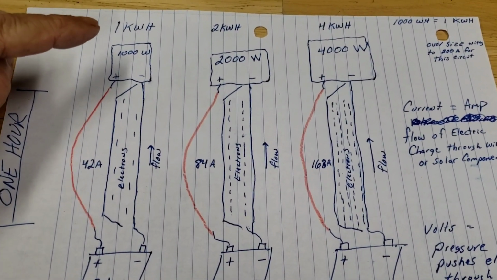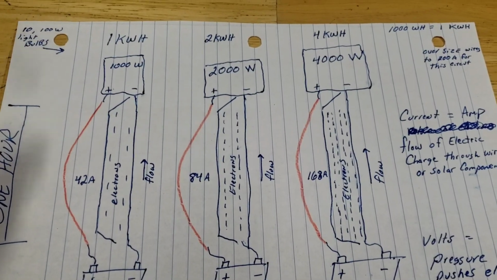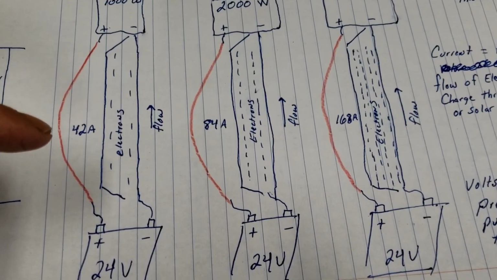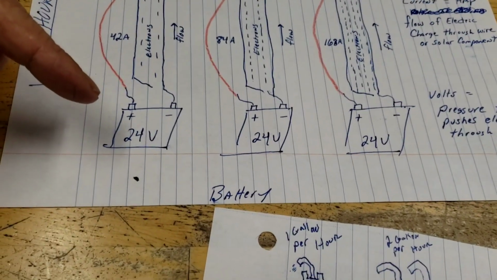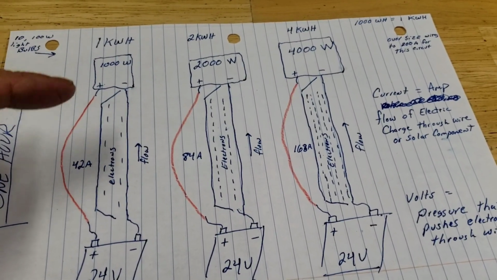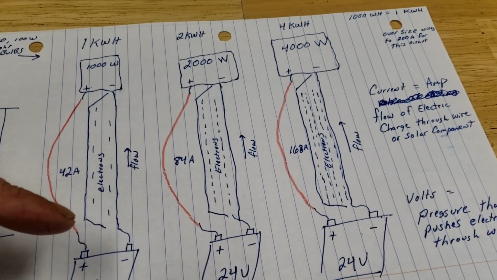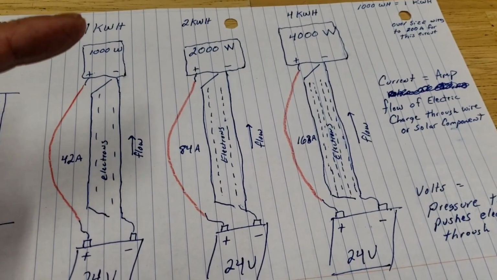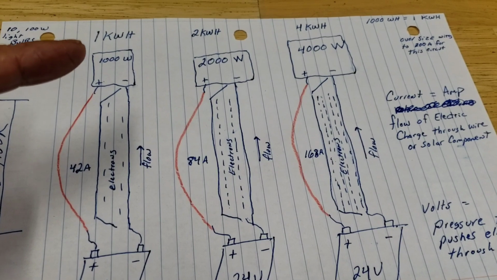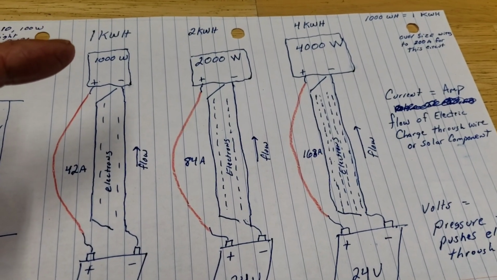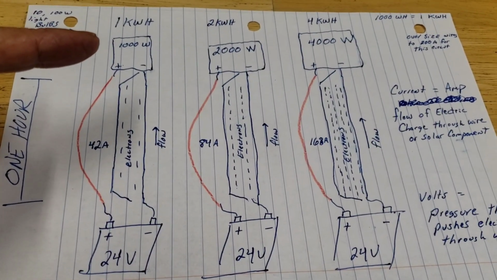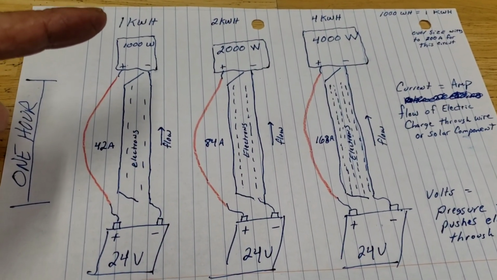If I turn this on for 1 hour and it runs, the math says, and we'll get to that, 42 amps is what it's going to be, because we have our supply voltage and we have how much we're going to use, and we just do some division and it gives us 42, and that's our current. That's how many amps we need to run 1,000 watts for 1 hour. And that's the equivalent of 1,000 watt hours, and then divided by 1,000 is 1 kilowatt hour.